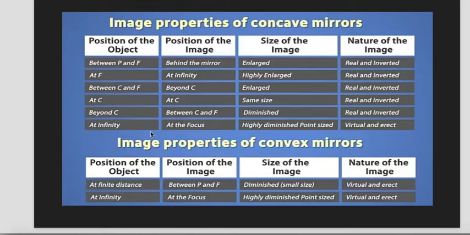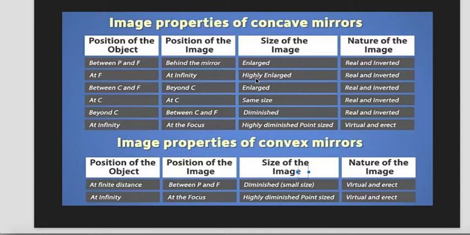Fine everyone. So now we were discussing this chart. This table is there in your book. Better you form it for the concave mirror also and the convex mirror. You can very clearly see that a virtual, erect and magnified image is for the concave mirror, and virtual, erect and diminished is for the convex mirror.